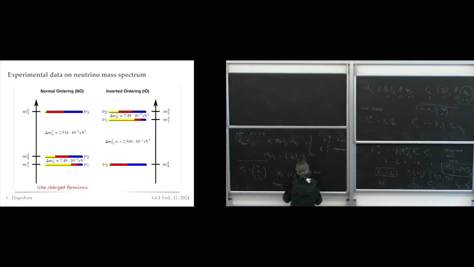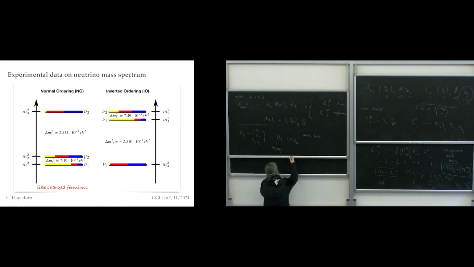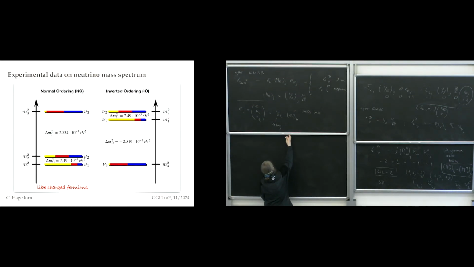I do this for the left-handed ones, and I do it also for the right-handed ones, E_R, but with a different matrix, which I call U_E^R, times E_R^M. Then I can do this for left-handed neutrinos, where I call this one U_nu, and I also do it for right-handed neutrinos, this way.